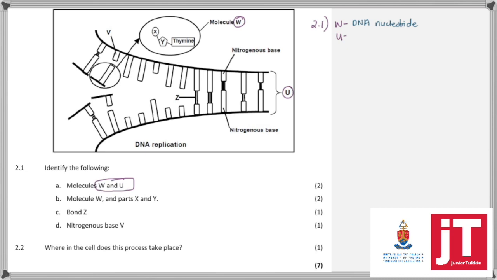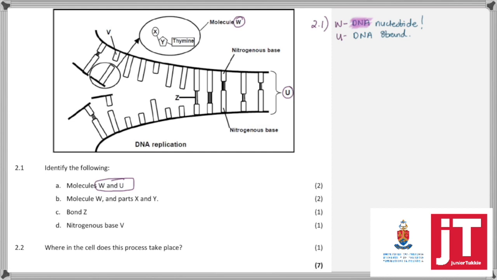Because this is DNA replication, the most correct answer for W is DNA nucleotide. Looking at U, we see that U refers to that single strand, and that is our DNA strand.